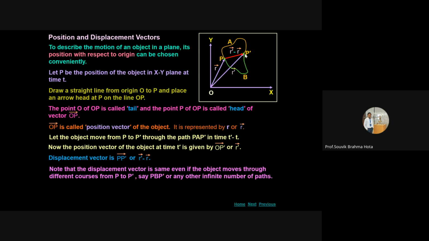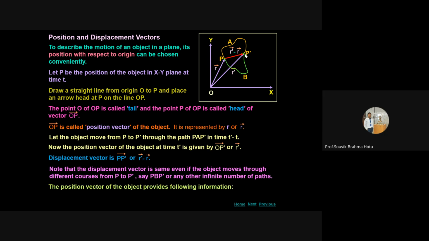But it doesn't affect the displacement from P to P dash, that means R dash minus R. That doesn't change if you follow this new green path. So the displacement vector is the same even if the object moves through different courses of path from P to P dash. So there are infinite number of paths.